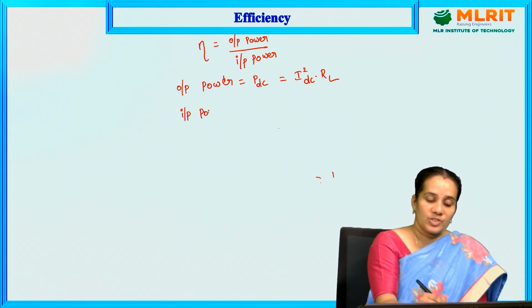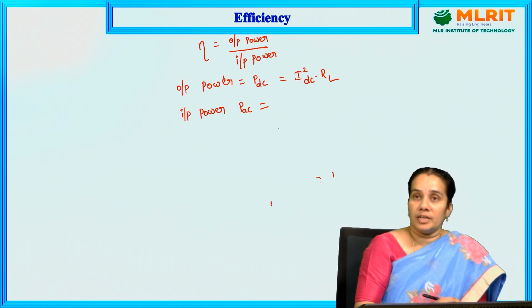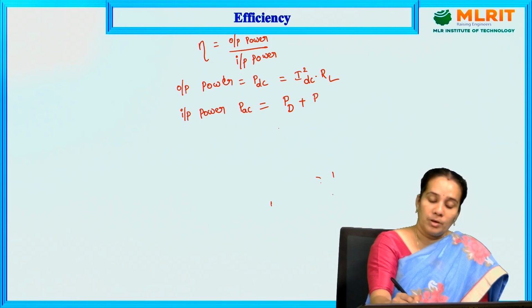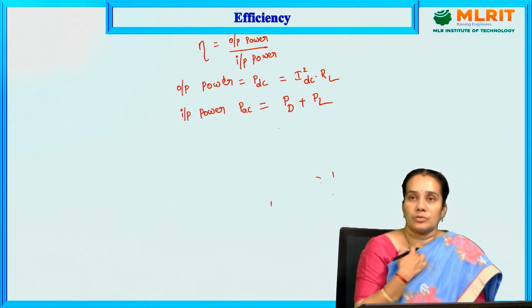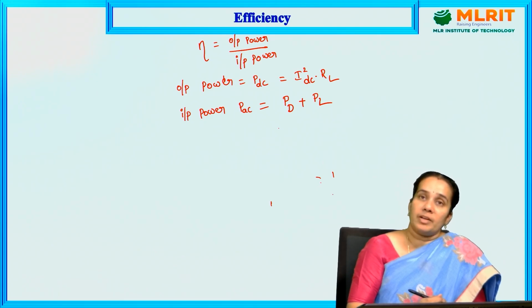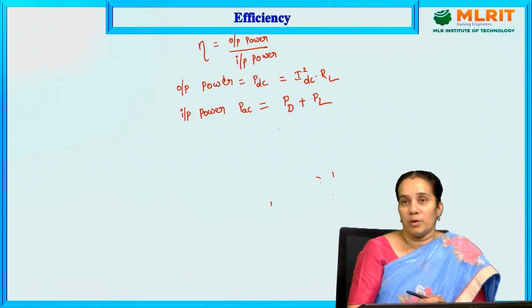Input power is taken as the AC power. So here we have to calculate the input power dissipated at the diode plus the AC power dissipated at the load. So the input power is nothing but the AC power, which means we have to consider both the diode power and the load power.